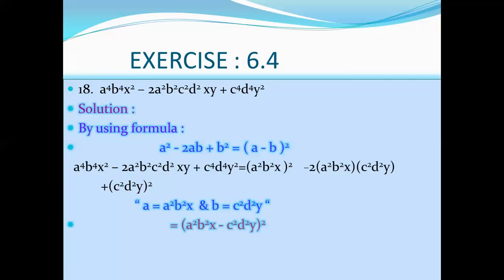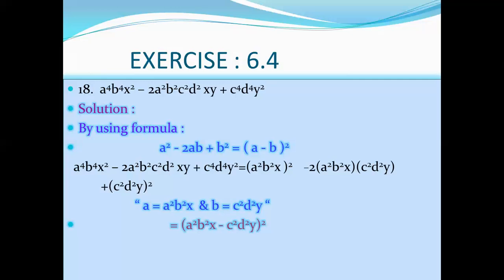So the square root of a^4 is a square, b^4 is a square of b square, and x square is a square of x. Same, c^4 is a square of c square, d^4 is a square of d square, and y square is the square of y. So we convert in the form of square.